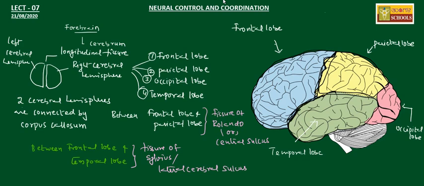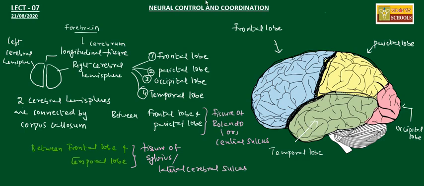I'm just drawing it thicker so you can see the difference. This is the lateral cerebral sulcus. And the other one, as I said, is the fissure of Rolando.